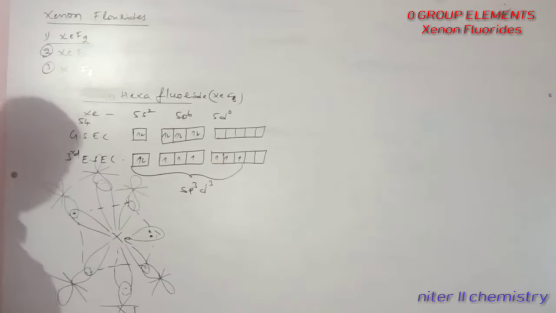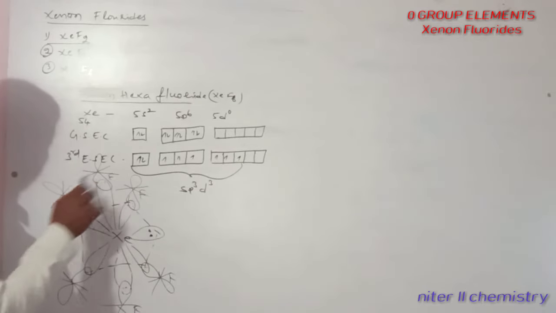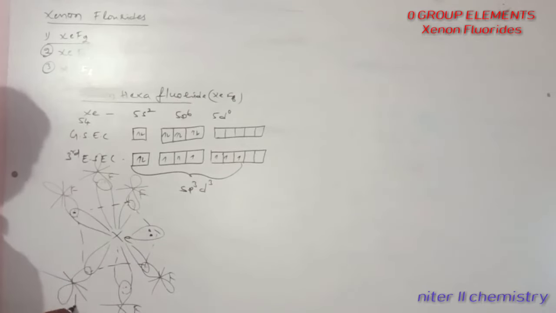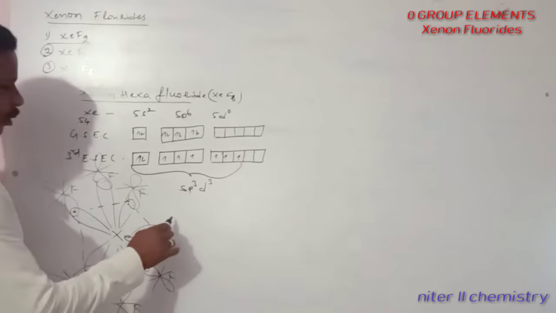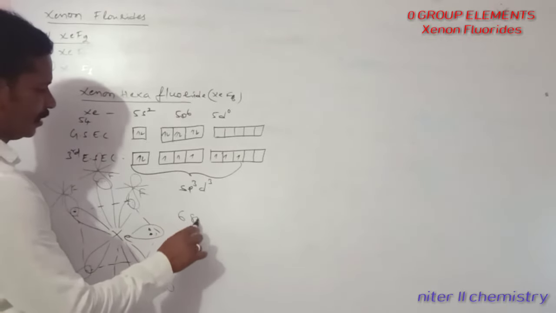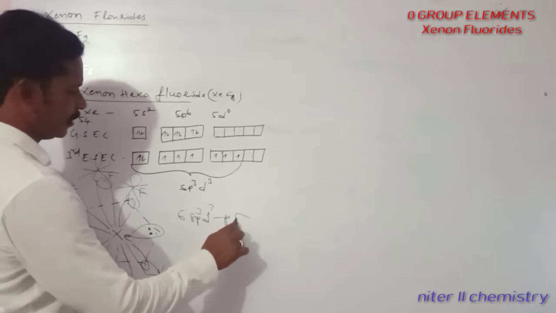Totally how many bonds here? Fluorine, fluorine, fluorine, fluorine, fluorine and here also fluorine. Totally 6 sp3d3-p sigma bonds.